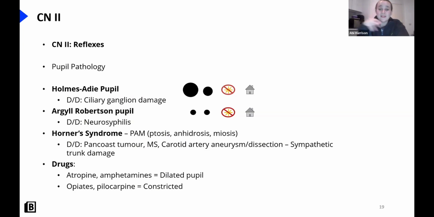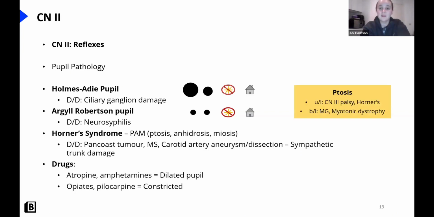And I think just for some integration of knowledge, that's why you use pilocarpine for acute angle closure glaucoma, because you're constricting the pupil to widen the angle of drainage for your aqueous humour, to lower the pressure in the eye. So I think sometimes it's quite nice to bring across different bits of medicine to try and really consolidate your learning.